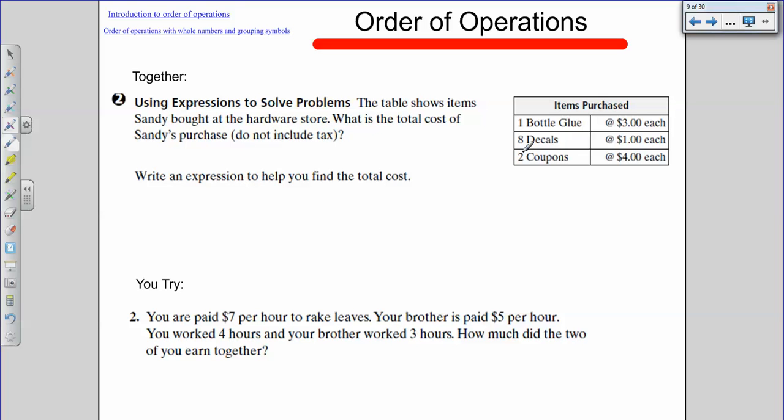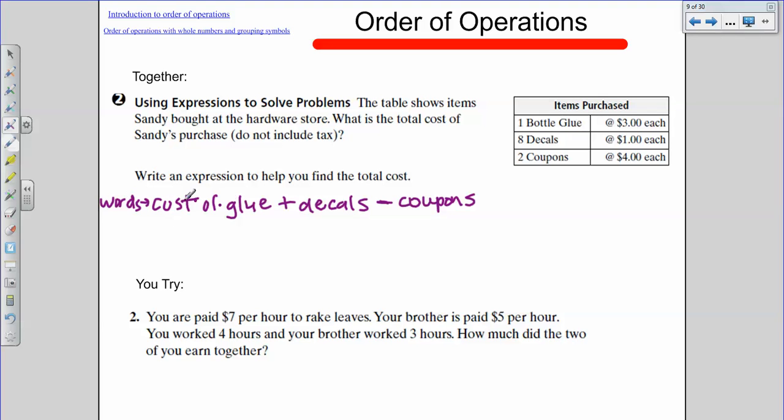So I need to know cost of glue plus decals. And then what do coupons mean? Mrs. Hook loves coupons. Coupons means I save money. So I'm going to have to subtract coupons, okay? So these are the words that help me organize my thoughts.